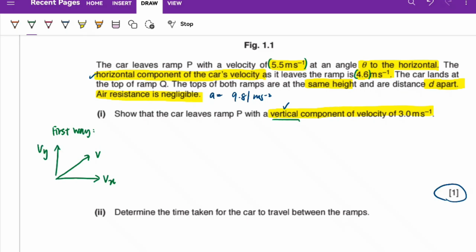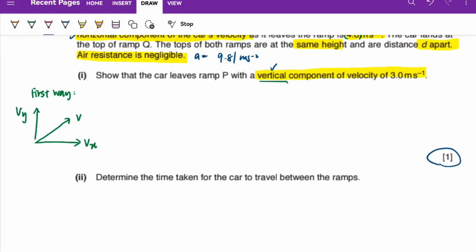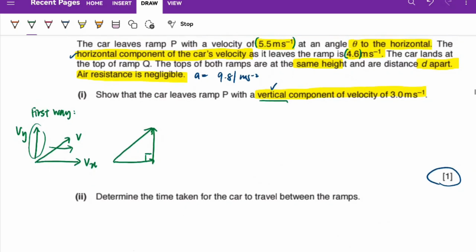If we redraw this again, you can bring this vertical velocity to this side. So this is actually a right angle triangle. Let's put in the values: our V is 5.5, our horizontal component is 4.6, and this is what we want to find, the vertical component. So we can use Pythagoras theorem here.